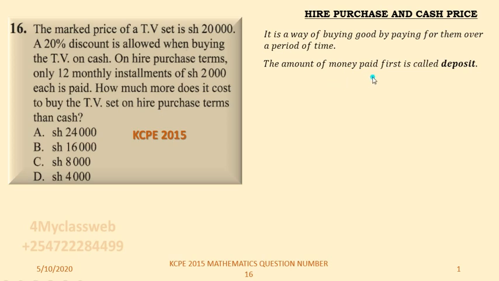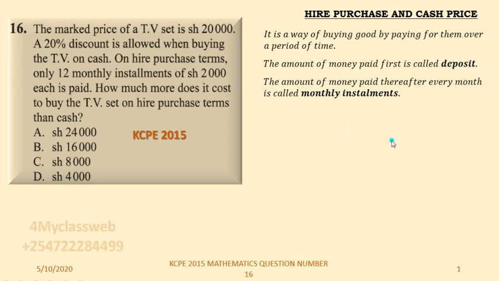And the amount of money that is paid first is called deposit. The amount of money that is paid thereafter every month is called monthly installments. And something to note is that hire purchase price is always higher than cash price.